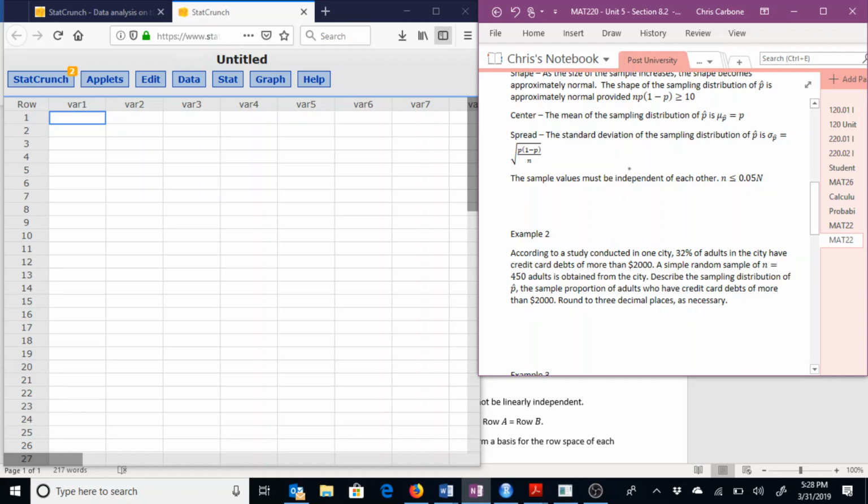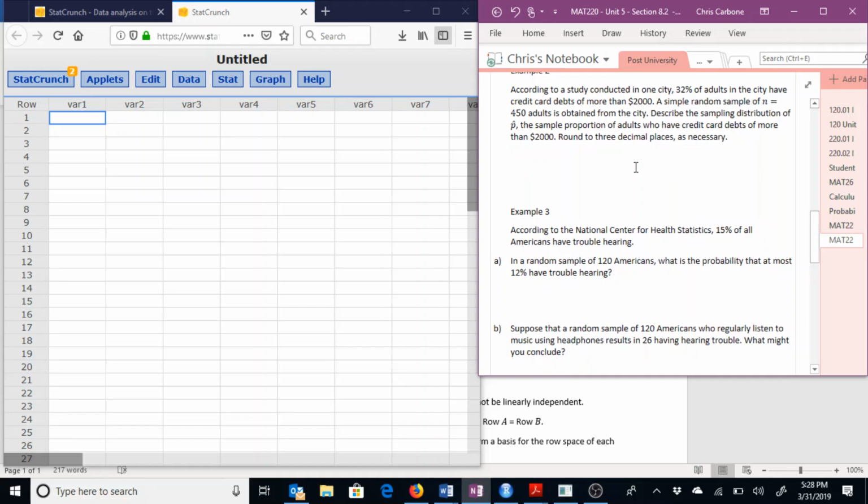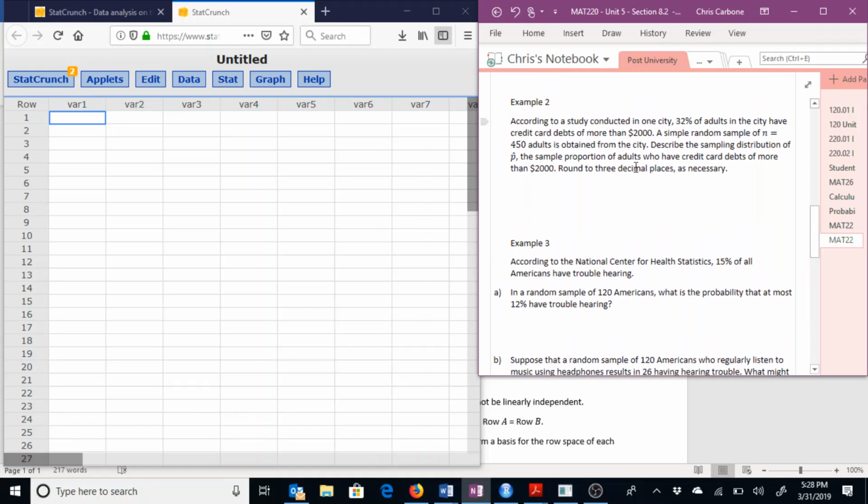So, for a few examples involving this, we have, according to a study conducted in one city, 32% of adults in the city have credit card debts of more than $2,000. A simple random sample of 450 adults is obtained from the city. We want to describe the sampling distribution of our sample proportion of adults who have credit card debts of more than $2,000.